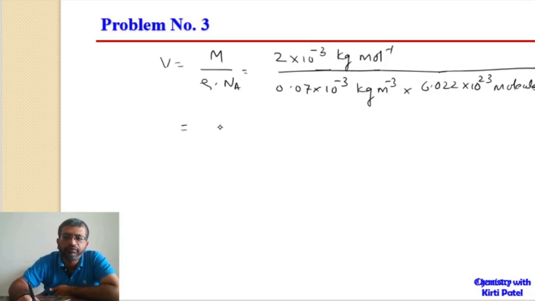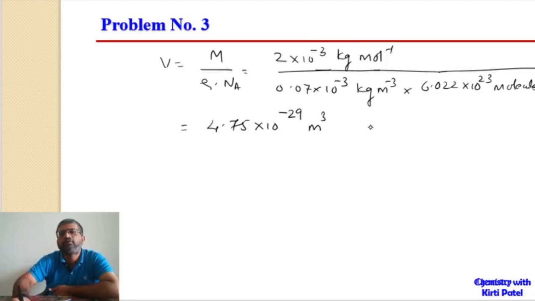So when we solve it, kilogram gets cancelled, and we get 4.75 into 10 raised to minus 29 cubic meter as the volume of each of the molecules of hydrogen.